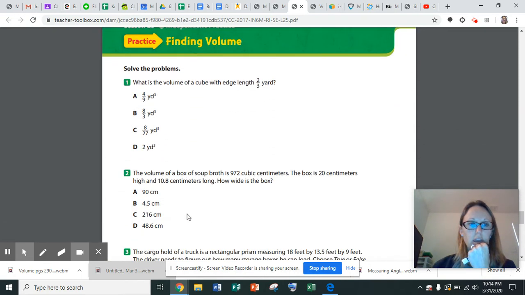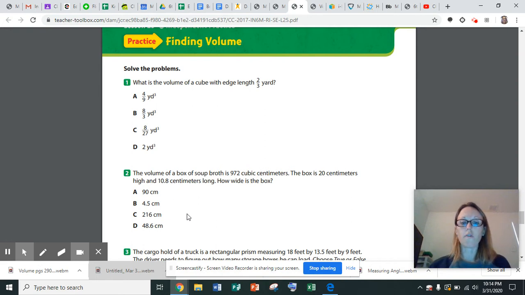Let's look at the independent practice. What is the volume of a cube with edge lengths of 2/3? Now remember, a cube is a 3D shape and the flat shape or the 2D shape is a square. So we know that a square has all side lengths the same.